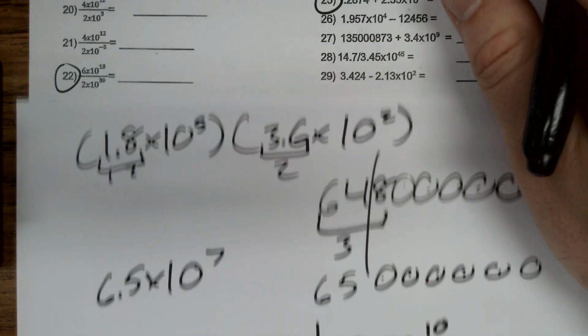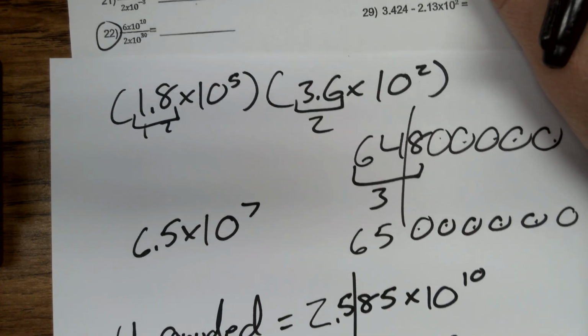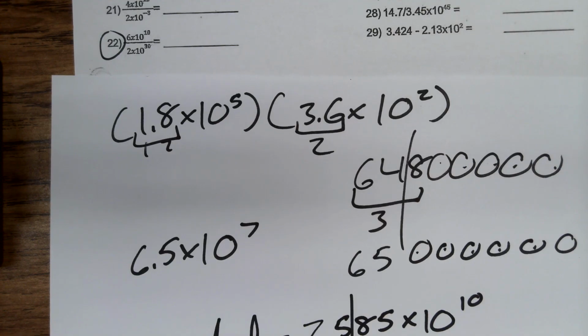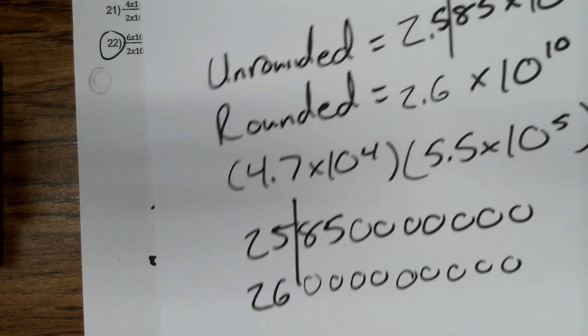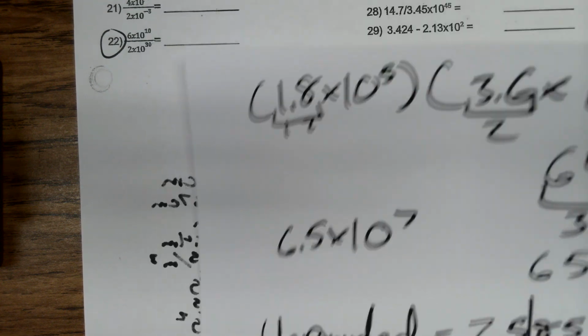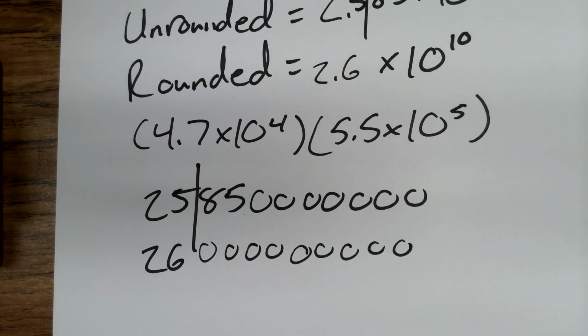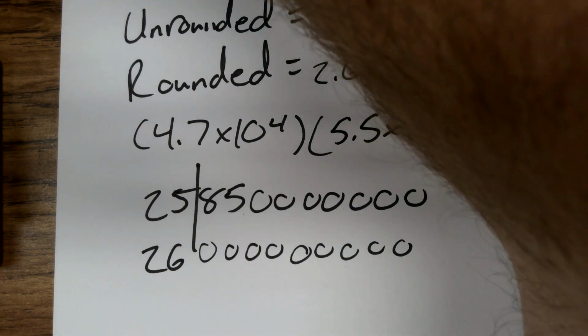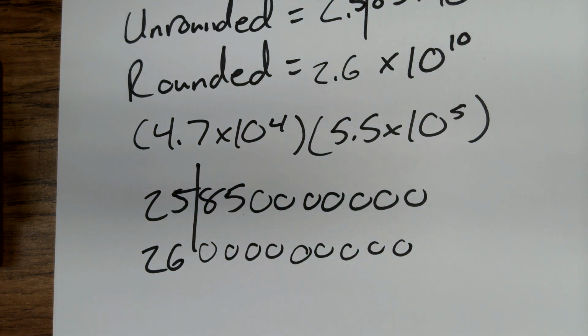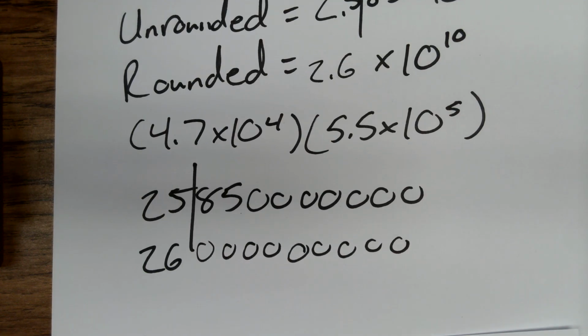We did 2 multiplication ones. Let's do a division one. Let's get a negative one. I want you to do number 22 on your whiteboard. And again, for 22, I want the rounded and unrounded answer. I'll leave this right here for us right now so you guys can see what I want.